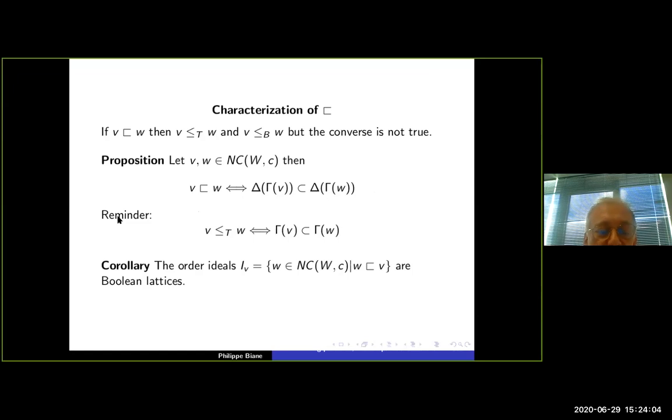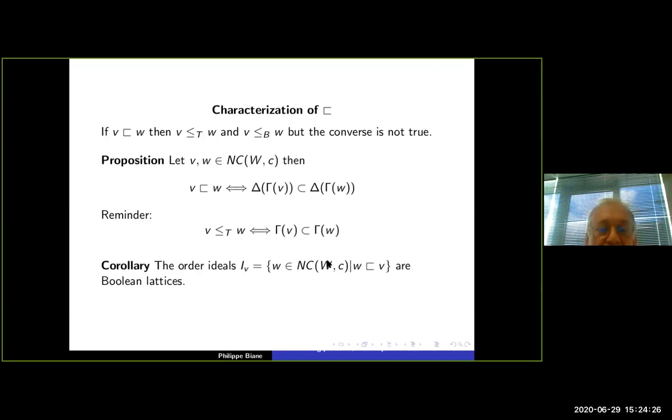So, reminder, maybe it's not a reminder, because I didn't say that, but actually this turns out to be true: V is smaller than W in the absolute order if and only if the parabolic subgroups are included in this way.